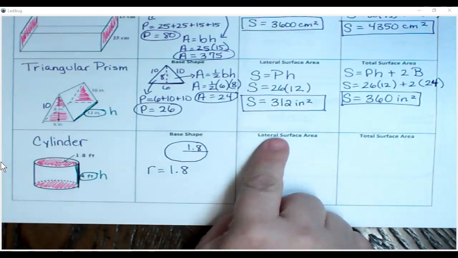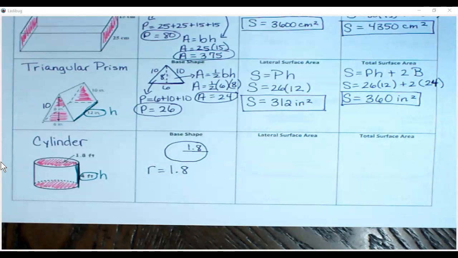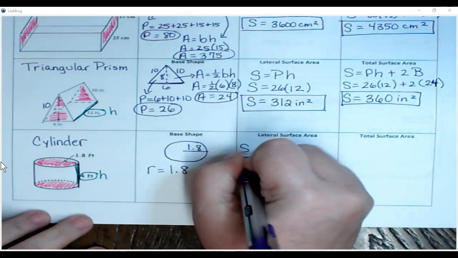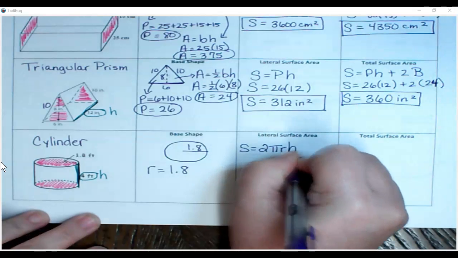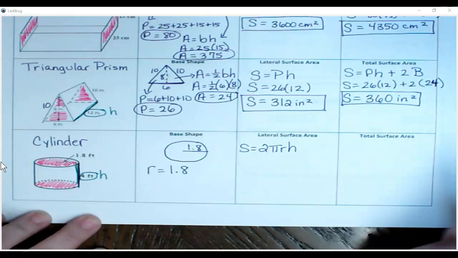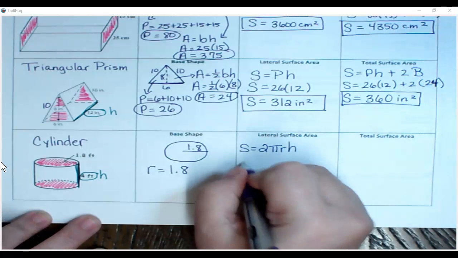All right, now we need to do lateral surface area. Look at your formula chart. Find the formula for lateral surface area of a cylinder. It's different. Yes, S equals 2 pi r h. Formula, now we're ready to substitute.